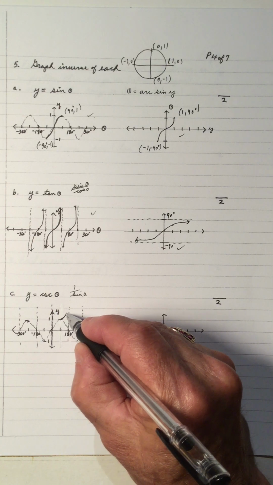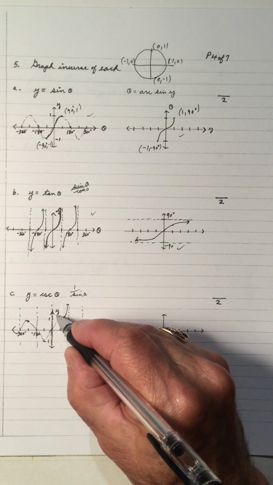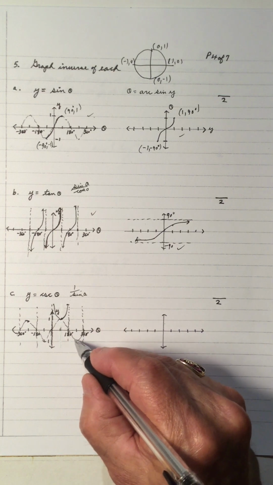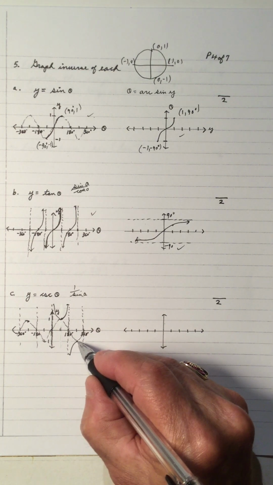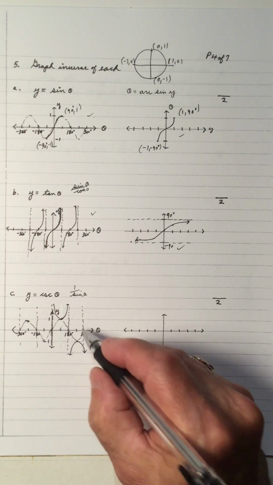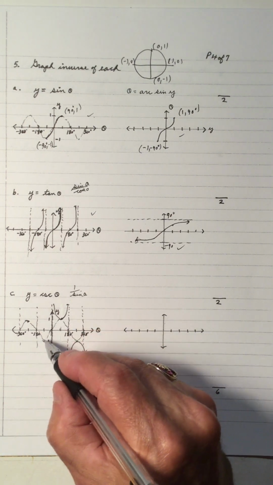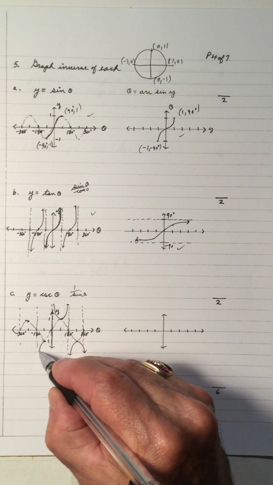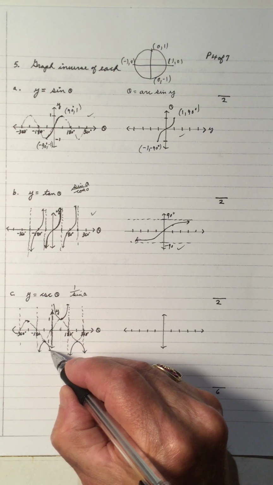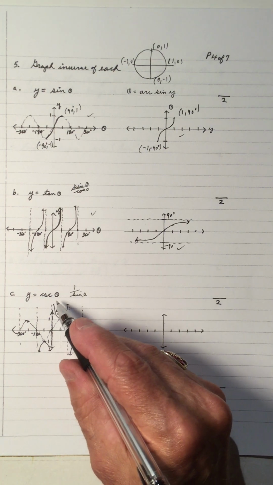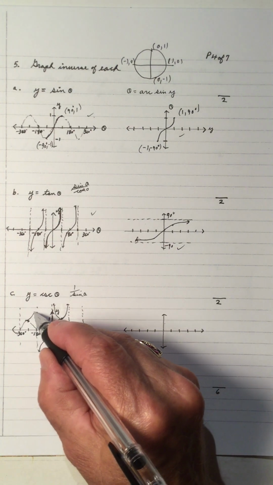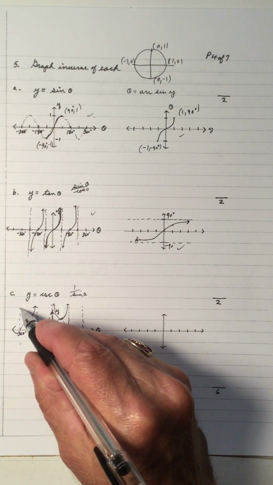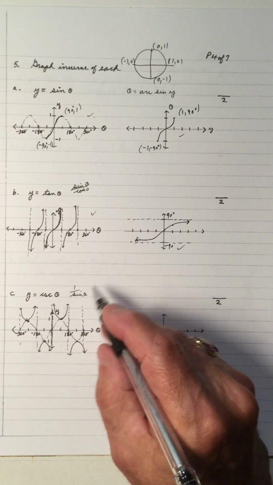This is the inverse, and negative 1 is restricted here. The reciprocal of a half is 2, and here's the negative 1, so it goes down here. Remember, secant and cosecant are U-shapes in the graphs. There it is, the graph of cosecant.